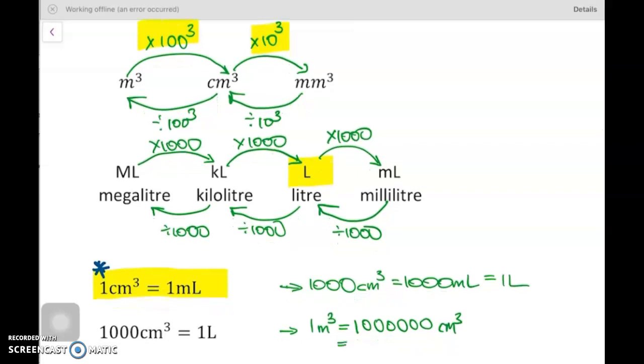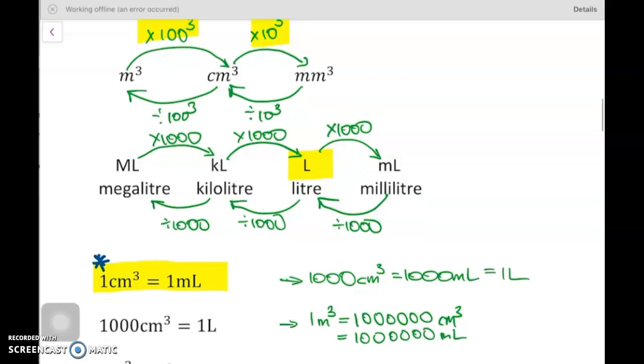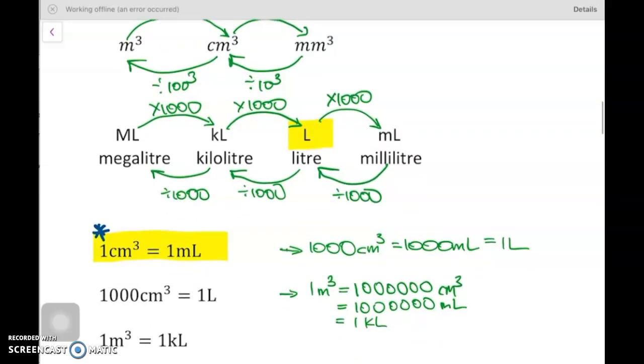We know that's equivalent to the same number of milliliters, and that's equivalent to 1,000 liters or 1 kiloliter. So if we have units in cubic meters, we would have the same number of kiloliters. That's another useful result to know.